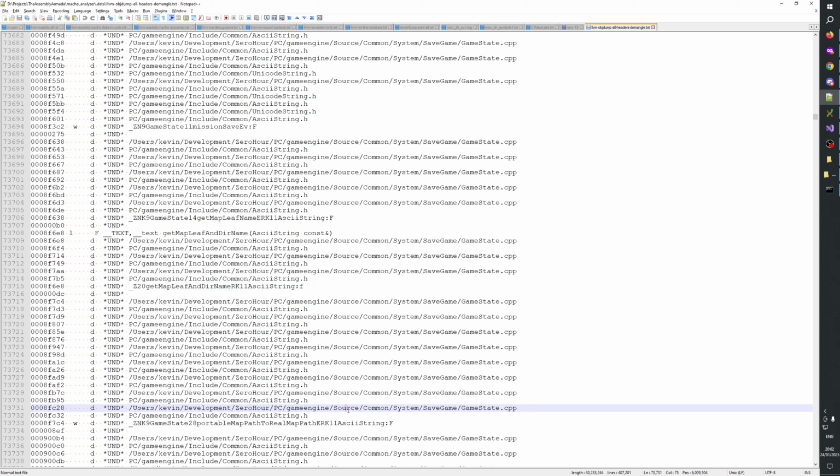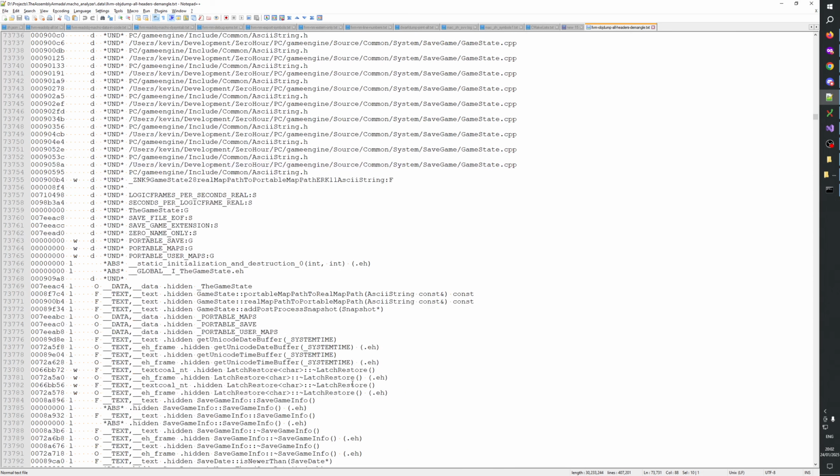Game state. Okay. What is this here? The game state G. And then save file UF, save game extension, name only.